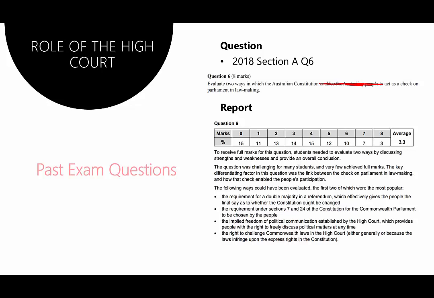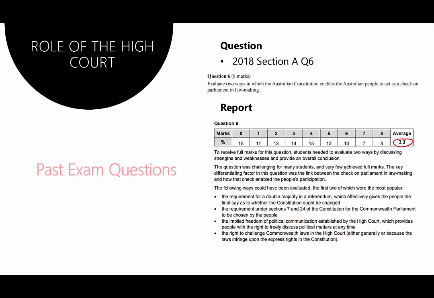But where this question really tripped people up, and the average is 3.3 out of 8, was adding in this element of 4.1.6 as a skill, the ability of the Australian people to protect or change the Constitution, and evaluate 2 ways in which the Australian Constitution enables the Australian people to act as a check on Parliament. So all of a sudden it means checks on lawmaking such as the separation of powers we can't really use here because it doesn't really involve the people.